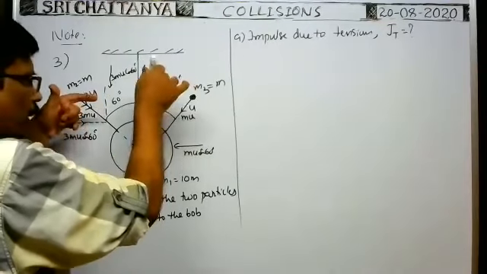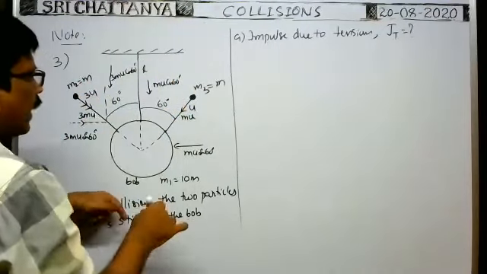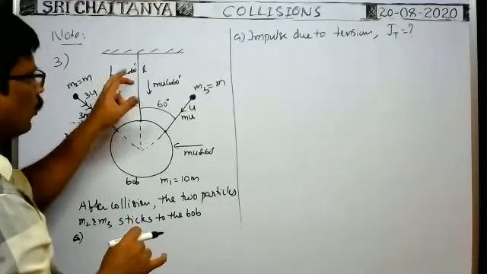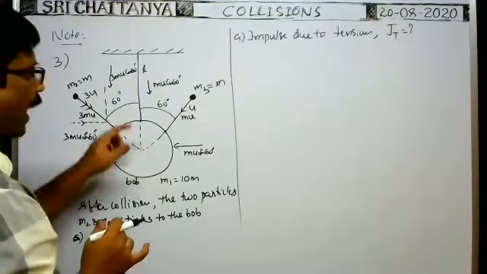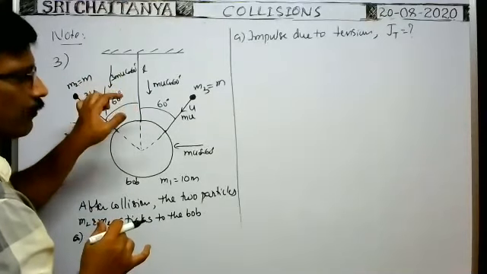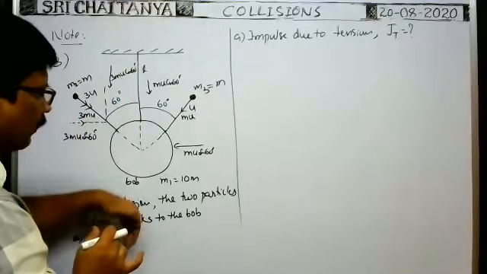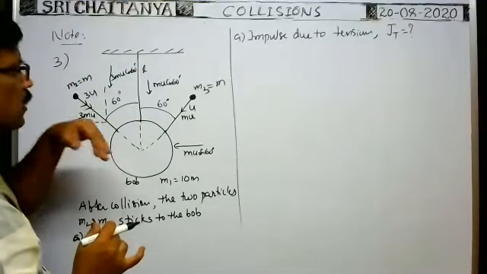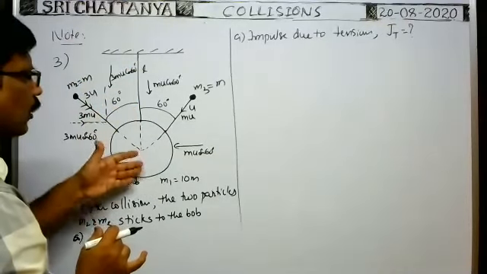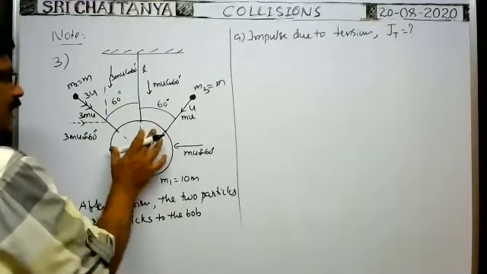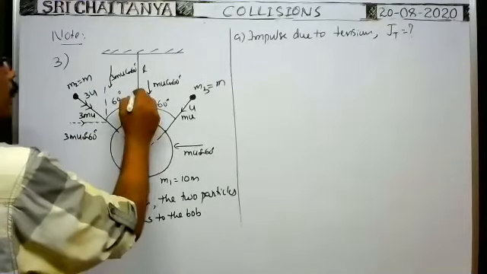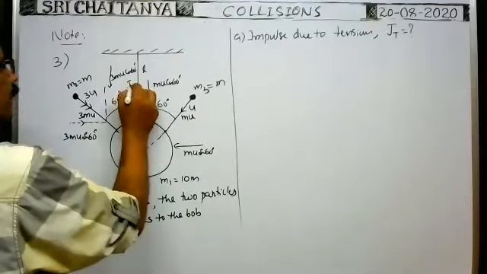So whenever these two particles collide, the momentum in this direction must be 3mu cos 60 plus mu cos 60 even after collision also. But as it is suspended by a string, immediately the momentum of the system along vertically downwards direction is made 0 by tension. That's why the system receives the impulse due to tension in upward direction. That is impulse due to tension.